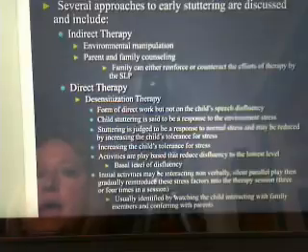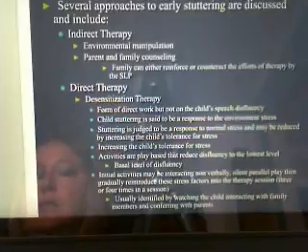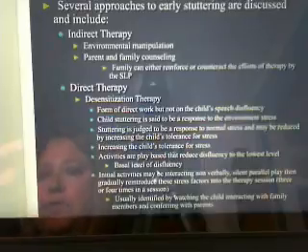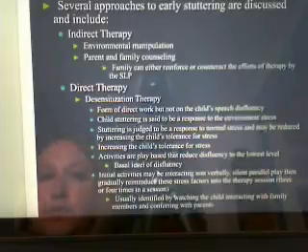These activities may actually begin with interacting non-verbally, and then with parallel play, and then gradually introducing more verbal communication into the therapy sessions. And then gradually increasing the child's tolerance for stress as they're increasing their verbal communication, and hopefully still maintaining low levels of disfluency.